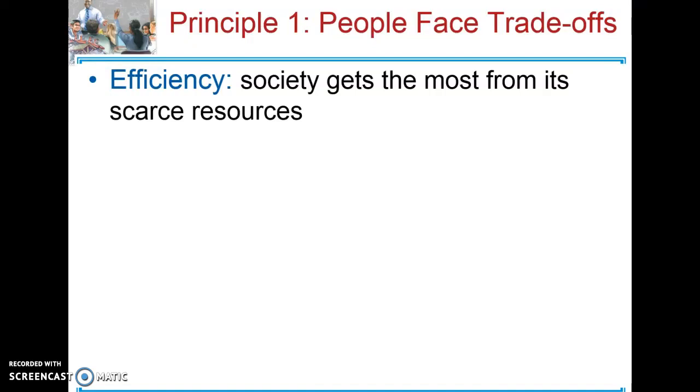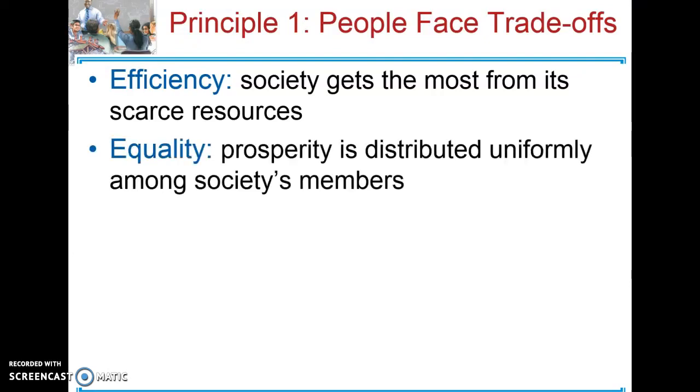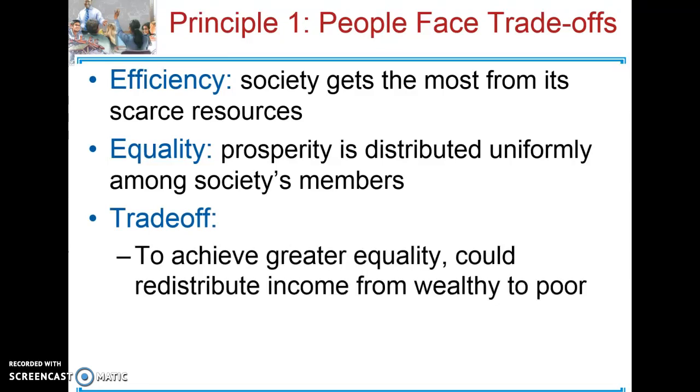Efficiency is defined as society gets the most from its scarce resources. Equality is defined as prosperity is distributed uniformly among society's members. The trade-off between efficiency and equality is that in order to achieve greater equality, you could redistribute income from the wealthy to the poor.